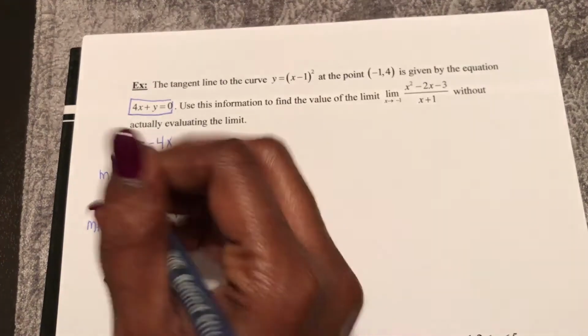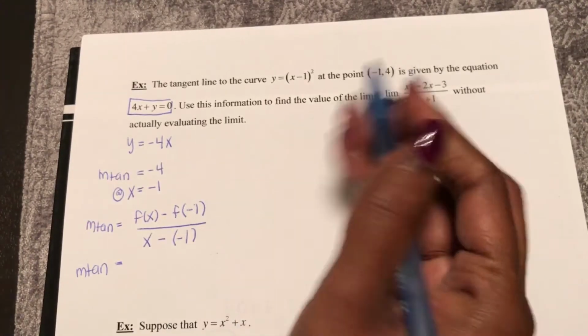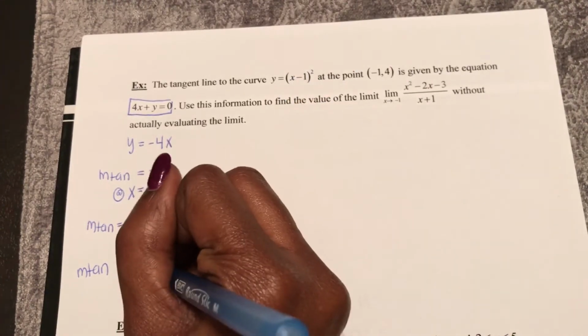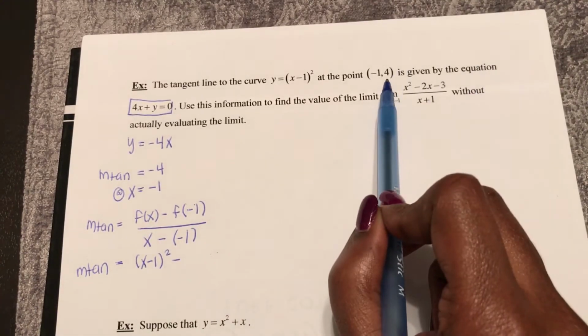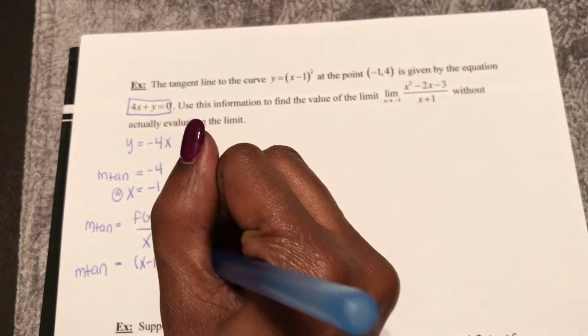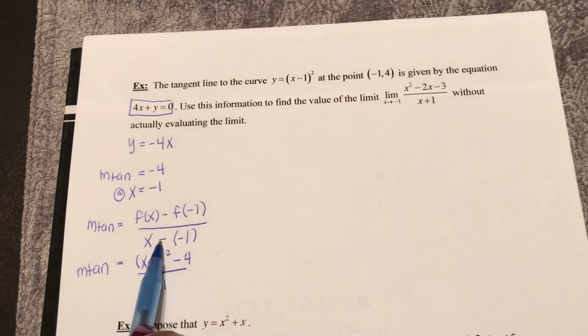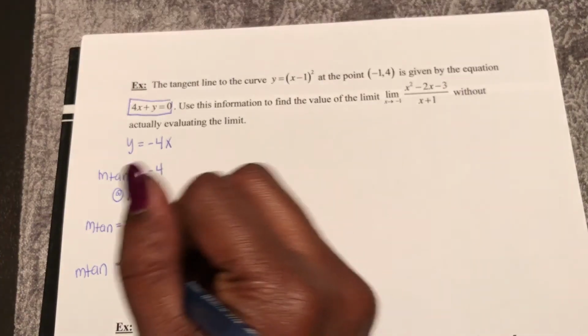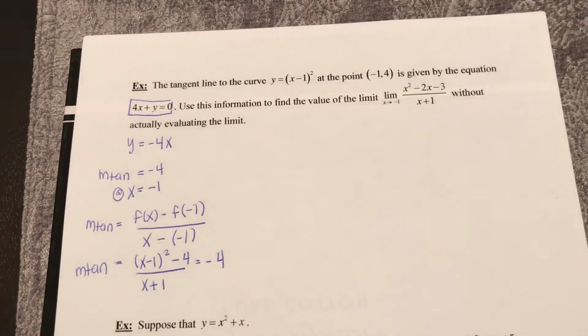So for this equation, the slope of our tangent line, f of x is x minus 1 squared, subtracting f of -1, which we know already is 4, all over x plus 1, from these double negatives canceling out. And we know that the slope of our tangent line is -4.